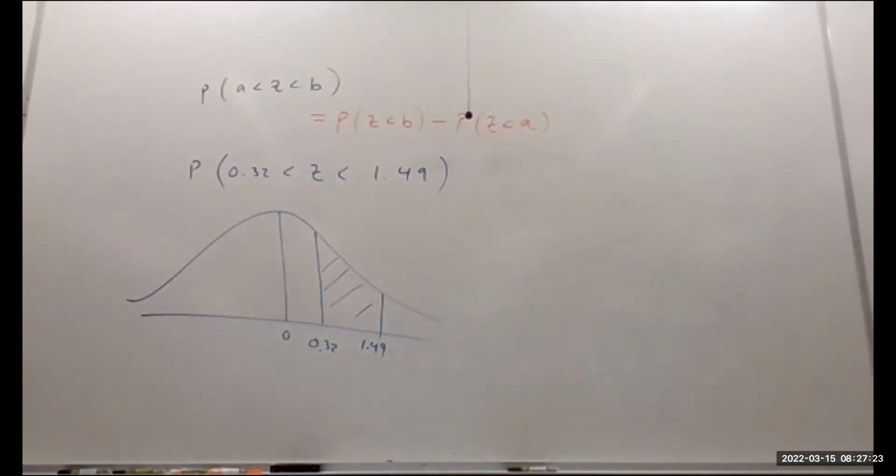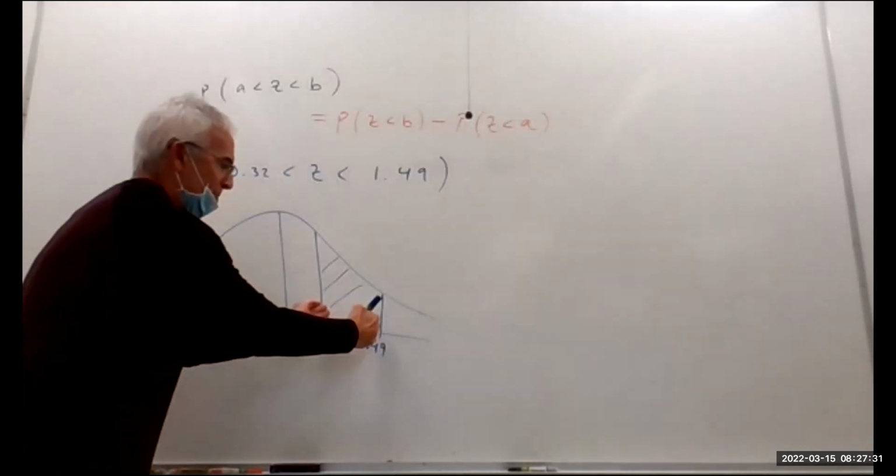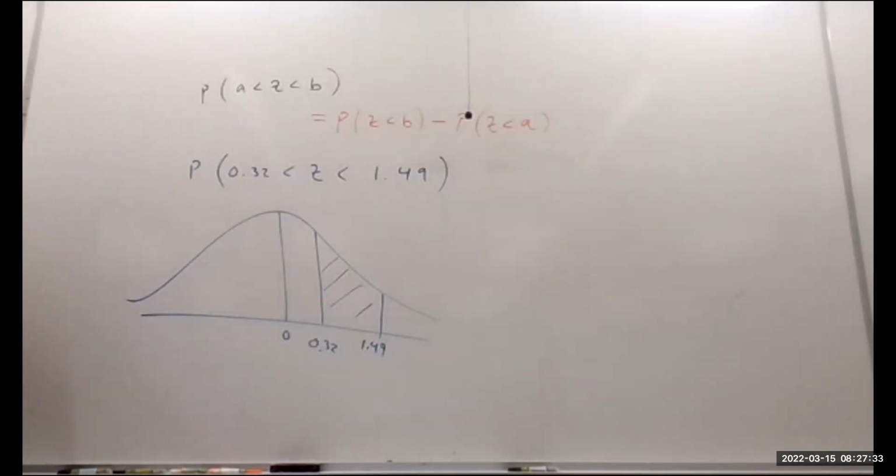Is it safe to say the answer should be less than 0.5? No matter what I get, do you agree the answer should be less than 0.5? Because I'm taking a region to the right of 0. I mean, everything to the right of 0 is 0.5. We're just taking a little bit of it, okay?